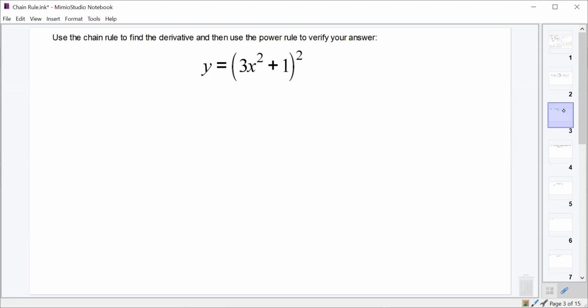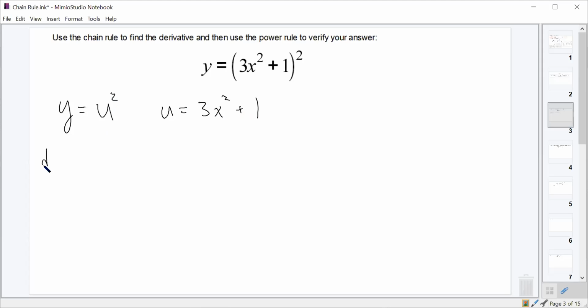So how could we write this as a composition of two functions? What would y be in terms of u? U squared. Right, we could have y equals u squared with u equal to 3x squared plus 1. Everybody agree that that would make the same thing as 3x squared plus 1, squared? Yeah. Cool. All right.